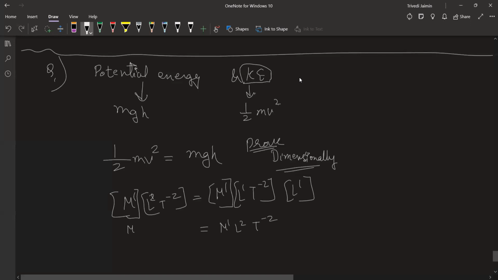Same goes here. Okay, what about this numeral half? What shall we do with half? Half is considered a constant, not required. A numeral constant or any numeral is dimensionless.